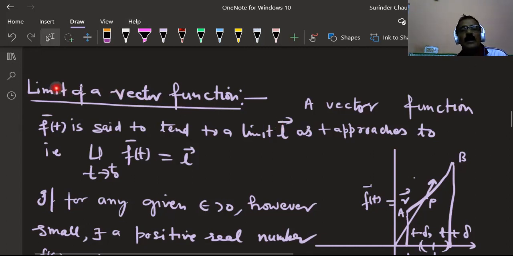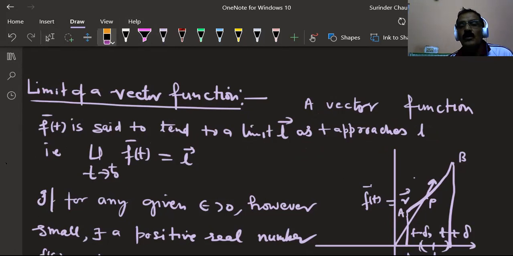So let us define the limit of a vector function. A vector function F vector t is said to tend to a limit L vector as t approaches t naught.